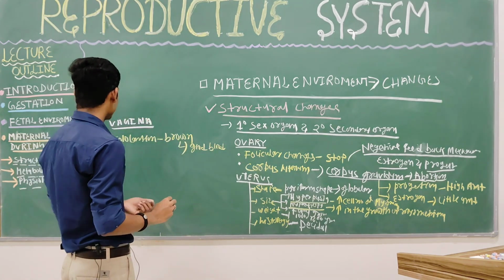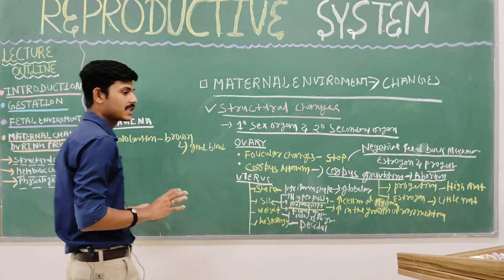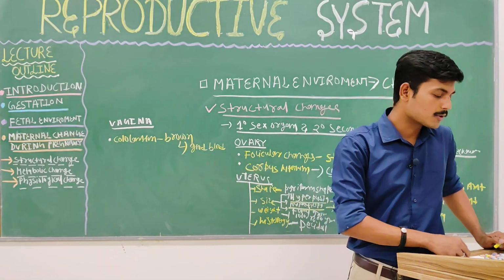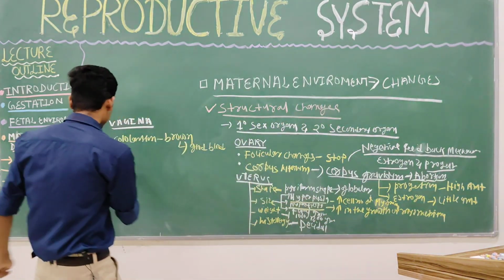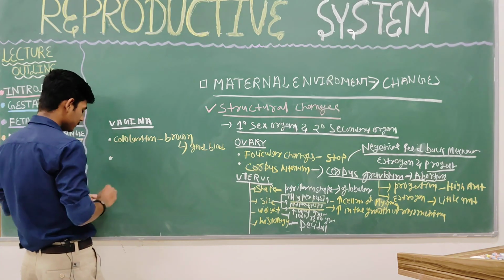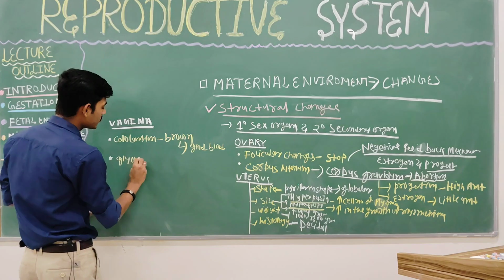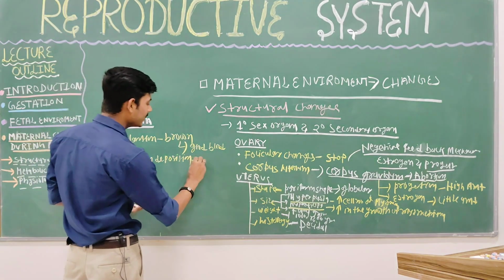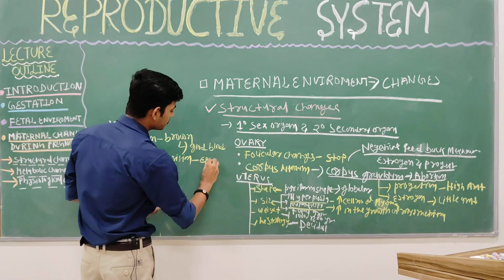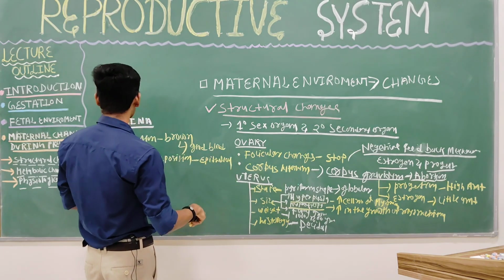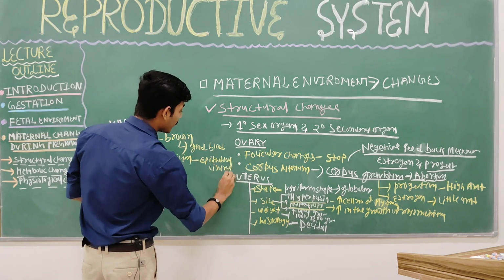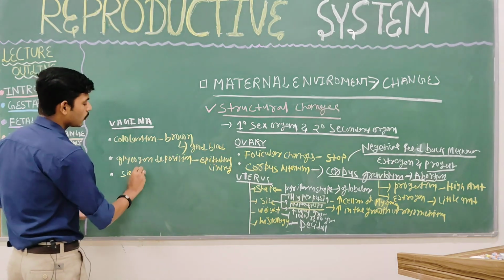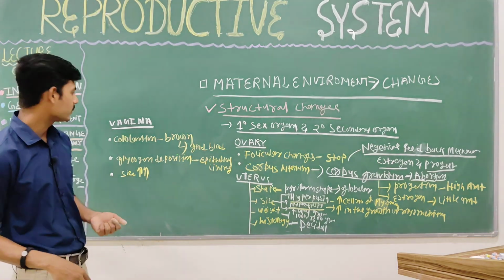The vagina also acquires glycogen deposition in the epithelial lining, and all this contributes to an increase in size too. So the size of the vagina also increases.